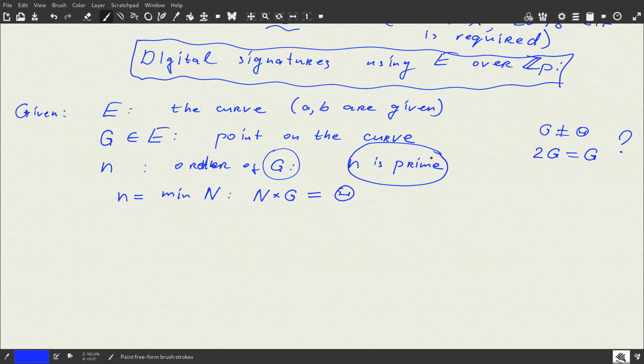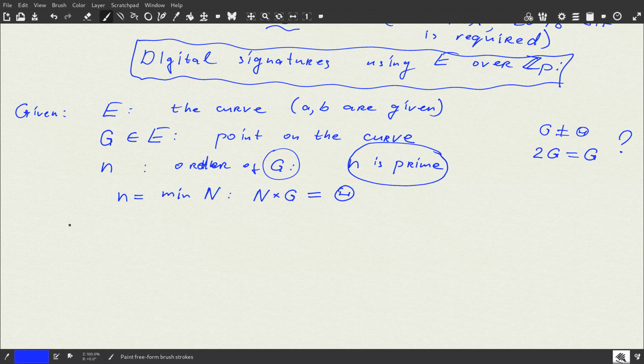This is not always the case. But there is an algorithm which allows you to construct actually such a curve. The curve can be arbitrary, so you do not care very much about the values of a and b.